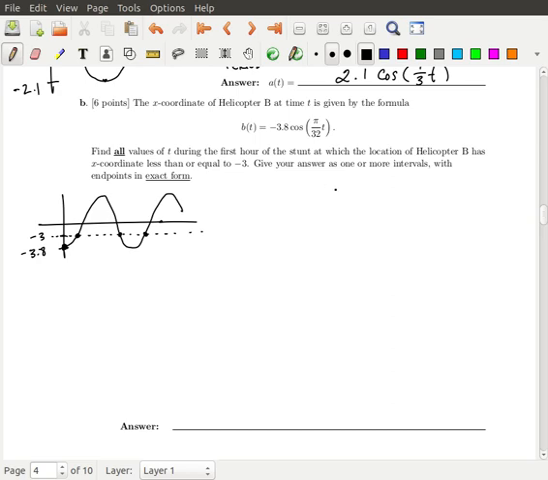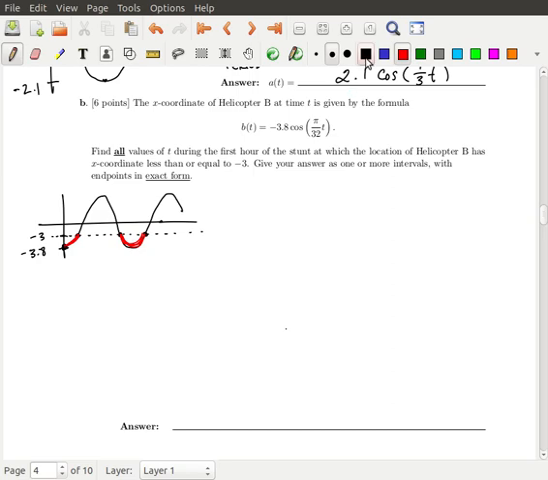So I think it's the first hour, so we're 60 minutes. I don't know exactly where that happens on this graph yet, but just to give you an idea of the solution, we want to know all the times where the x-coordinate is less than or equal to -3. So like down here it's less than or equal to -3, and down here it's less than or equal to -3, and then probably nowhere else before 60. But it even might get cut off over here.